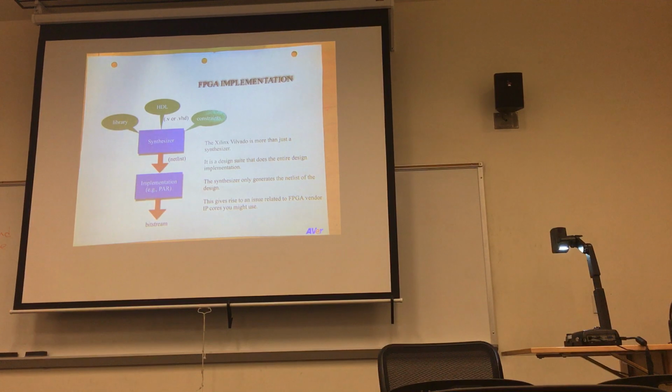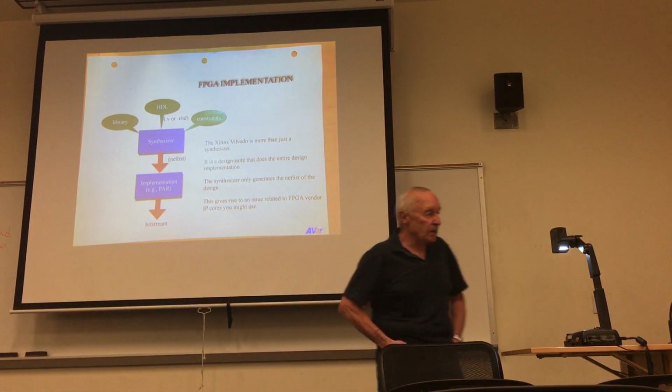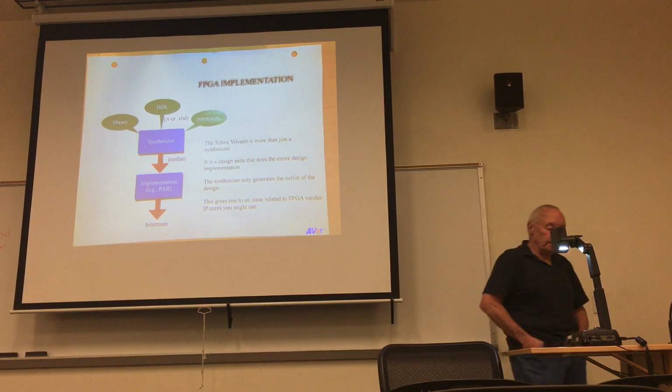It's a design suite. And it has both the synthesizer and the implementation design automation tools all encompassed into one. So when you apply your library, your constraints, and your hardware description language into Vivado, Vivado actually does all of the synthesis and implementation for you and generates the binary bitstream, which is then downloaded through JTAG, which is something we'll take a look at a little bit later.